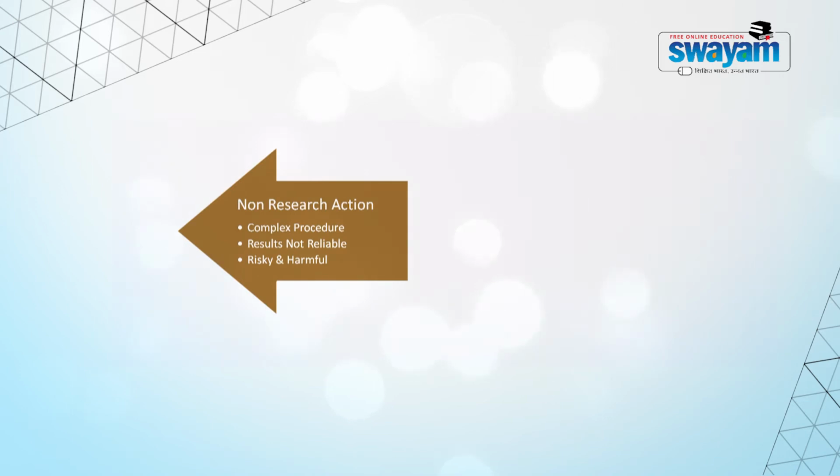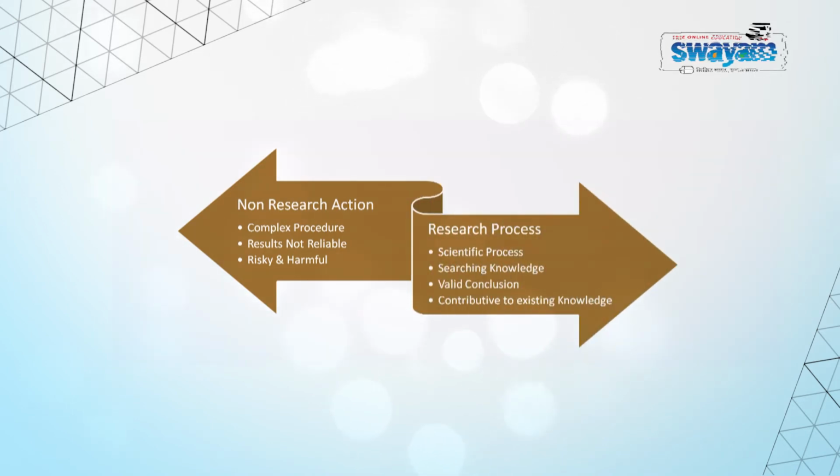On the contrary, research process is a scientific process of searching knowledge. Scientific process of searching knowledge means all those methods which have already been approved are used for pursuing research. Though those models suggested for pursuing research are not conclusive, the researcher has his choice to modify and take any method according to his purpose and objectives of research.